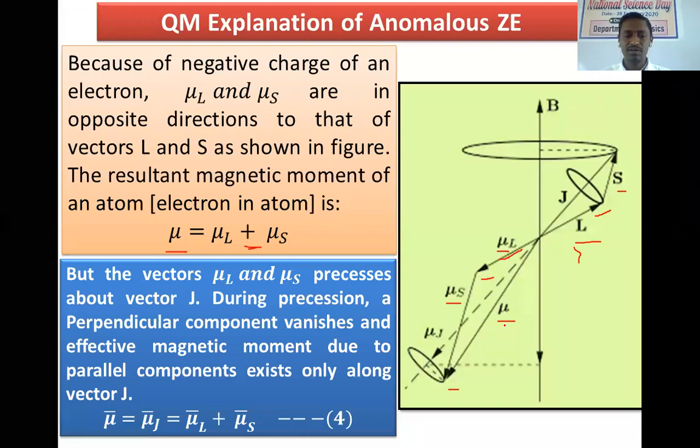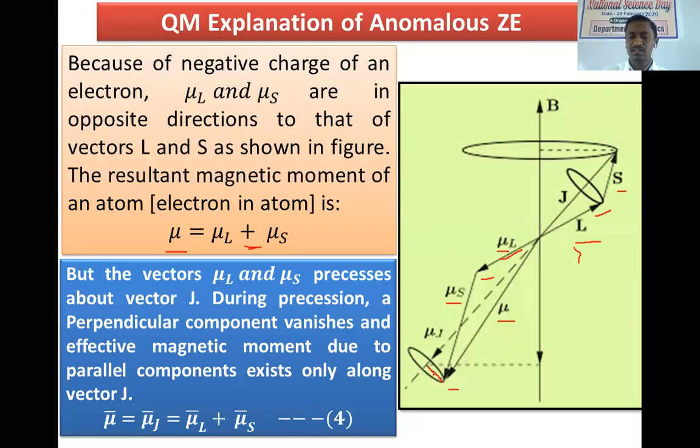But during the precessional motion, what happens? The effect of perpendicular components of the resultant magnetic moment mu vanishes. Here this dotted line indicates the direction of perpendicular components.